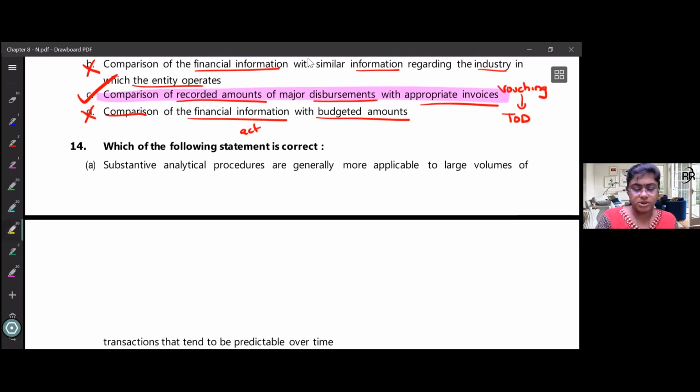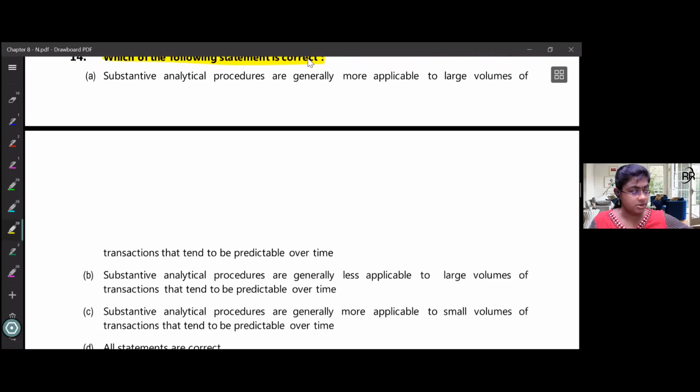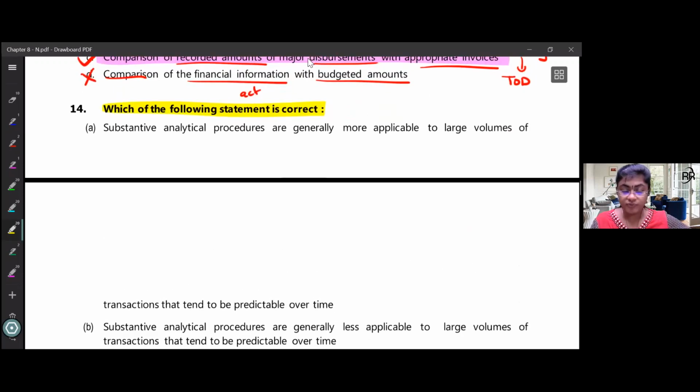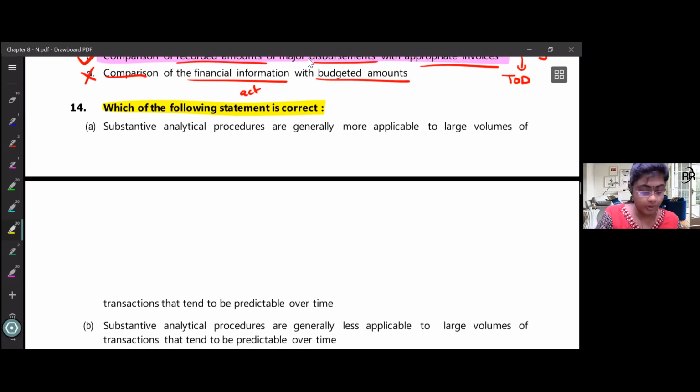Just two more questions of MCQ. Can we proceed? Which of the following statements is correct? Substantive analytical procedures are more applicable to large volumes of transaction that tend to be predictable over time. This was the first MCQ which we discussed.